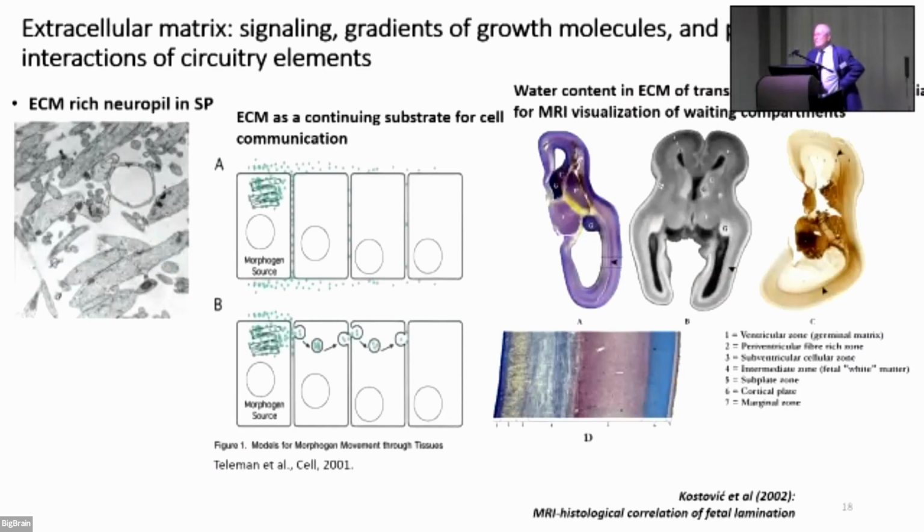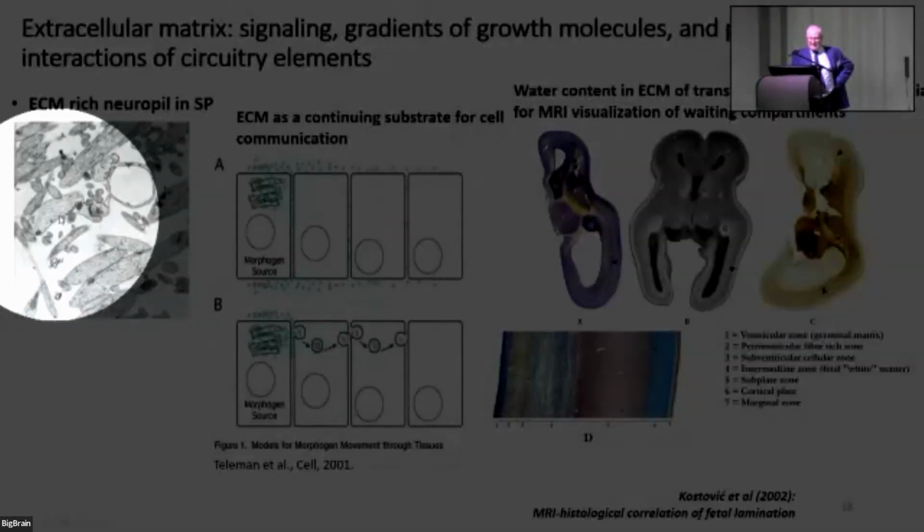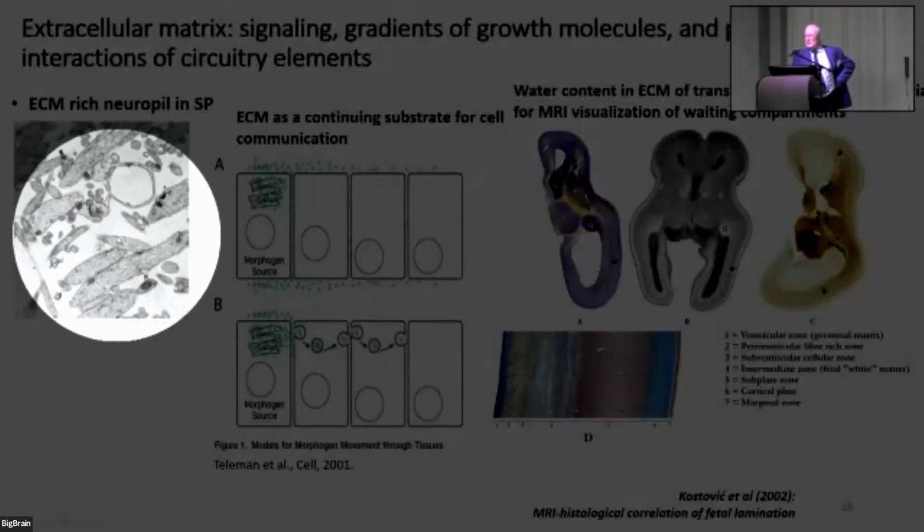And now we come to a thing you can hardly imagine, and the people who are working on development or connectivity simply ignore it. And this is that we have in these synaptic layers an enormous extracellular space.